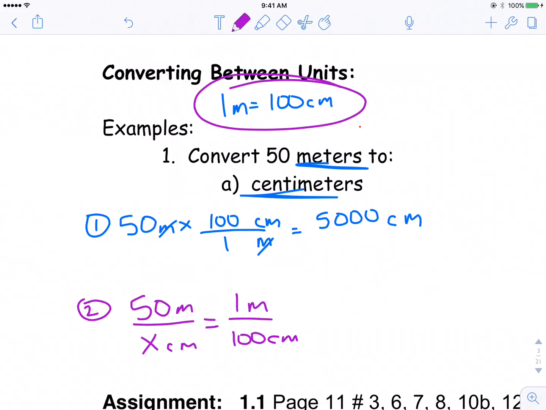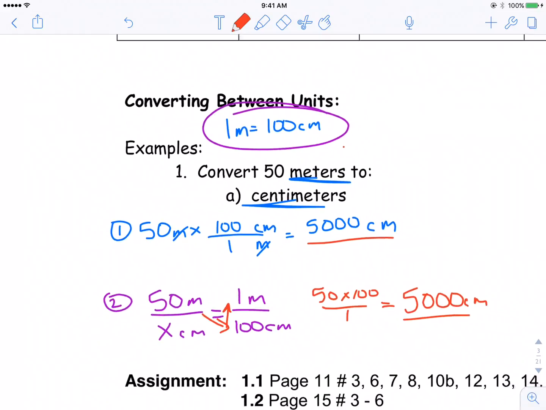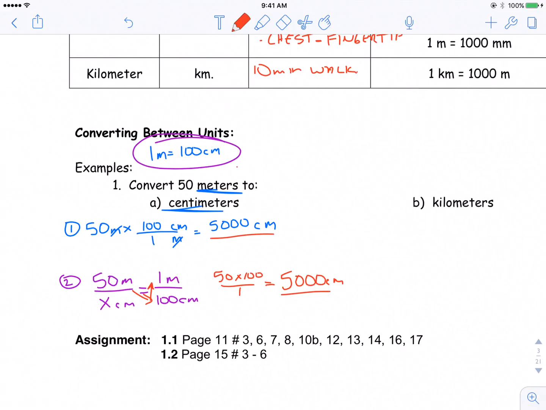So that's equal to 1 meter over 100 centimeters, and then I simply cross multiply and divide. 50 times 100, divide by 1. My units will cancel. I'm left with 5,000 centimeters. Same place.